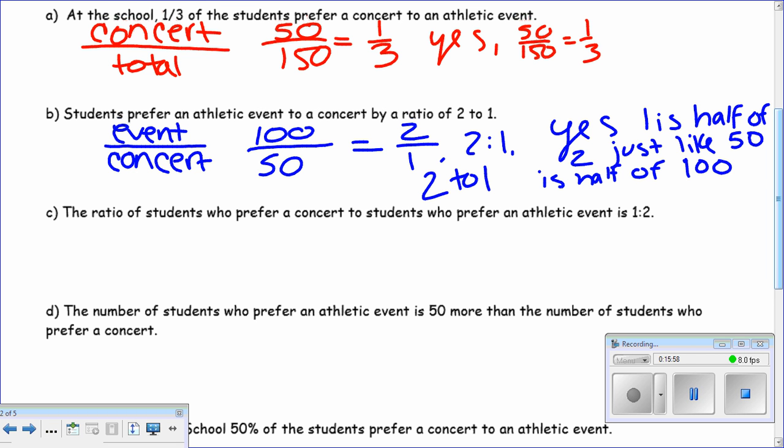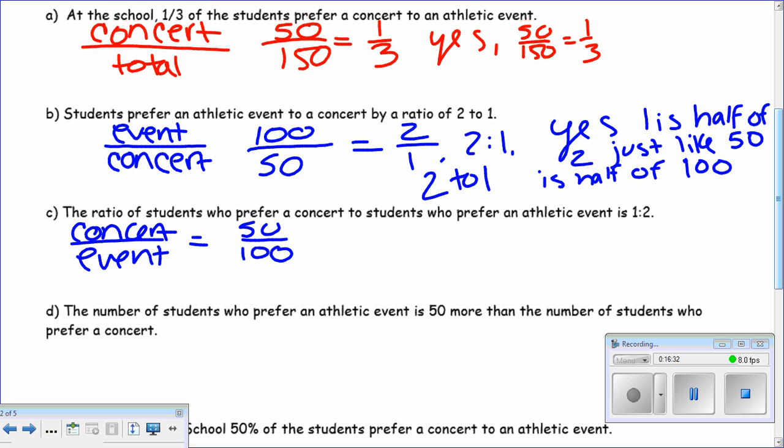For C, the ratio of students who prefer a concert to students who prefer an athletic event is 1 to 2. 1 to 2, or 1 over 2, 1 colon 2. So how would we determine that? Yeah. So they're saying concert to an event, which is, what did you say, Robert? 50 over 100.